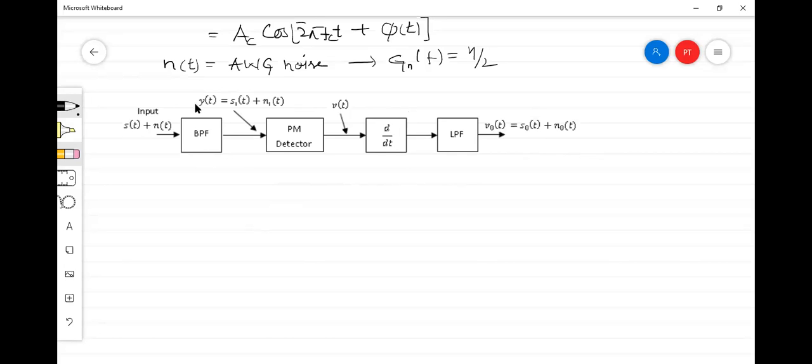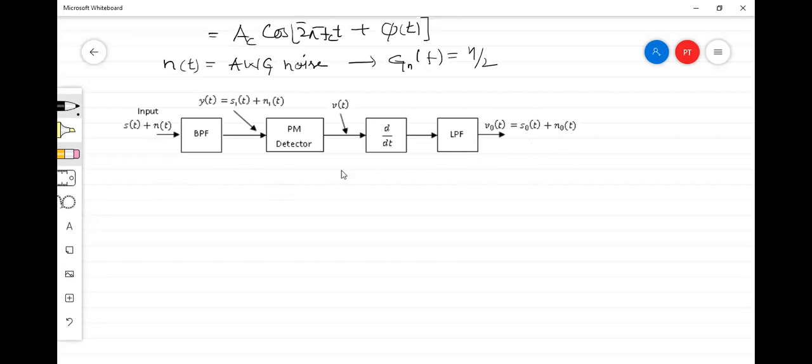In all those cases, we use a band pass filter and a low pass filter. These two are very, very important. This band pass filter is for confining the noise to the bandwidth of the input signal, and also at the output, confining the noise to the bandwidth of the modulating signal.